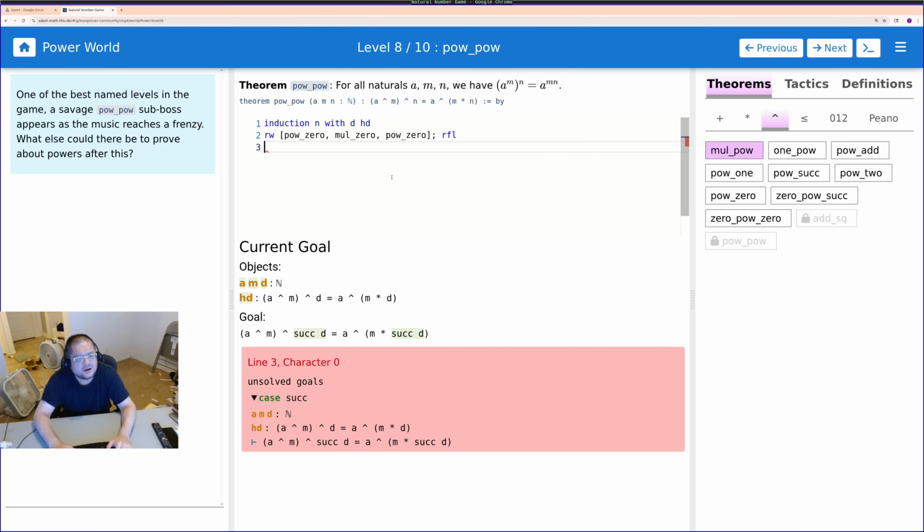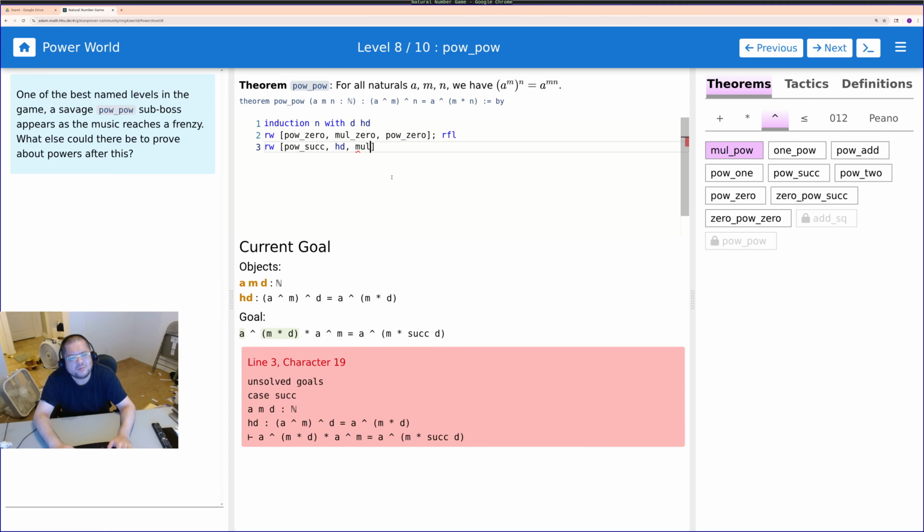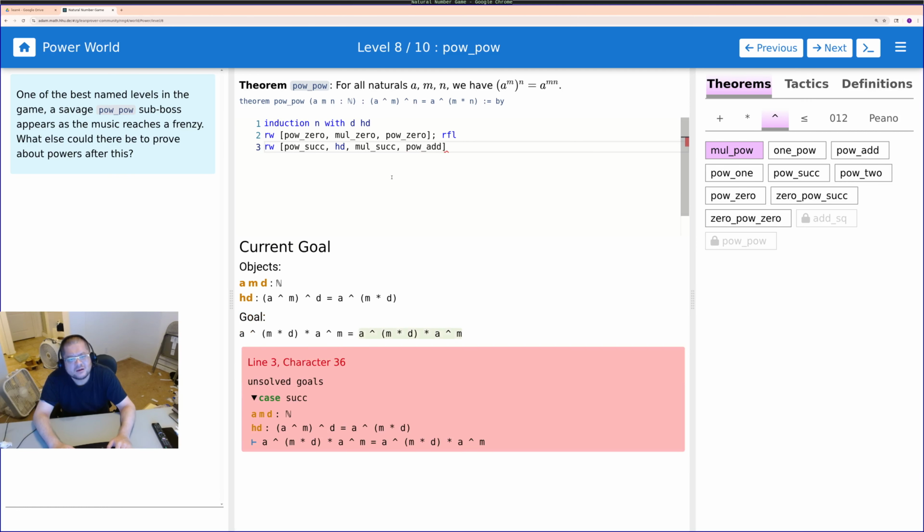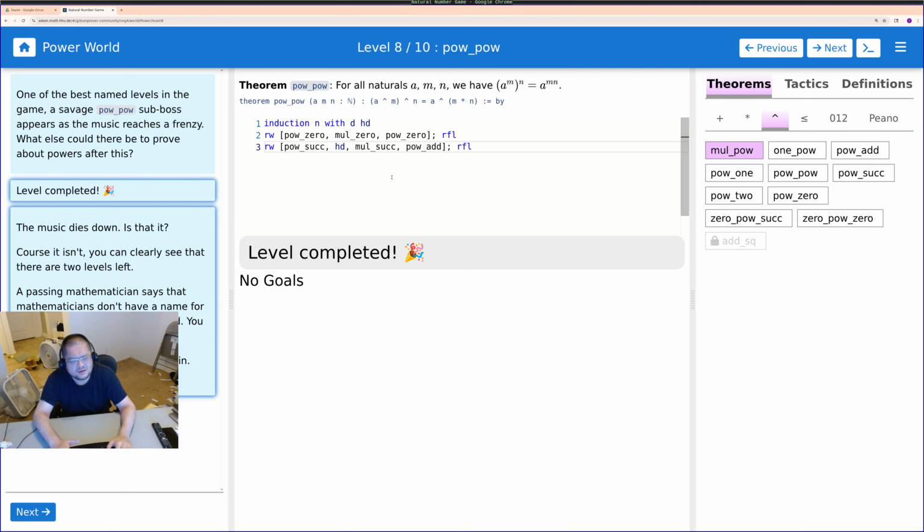Inductive case. Rewrite power of successor. Multiply successor. Power of add. Okay, A to the M times A to the M. Oh, this is done. Bam.